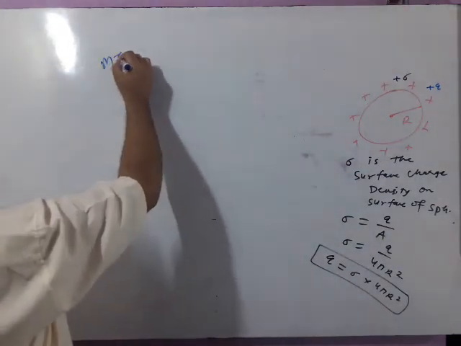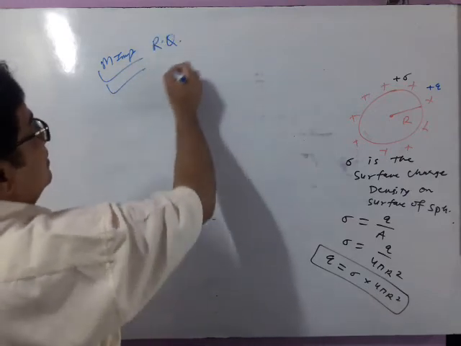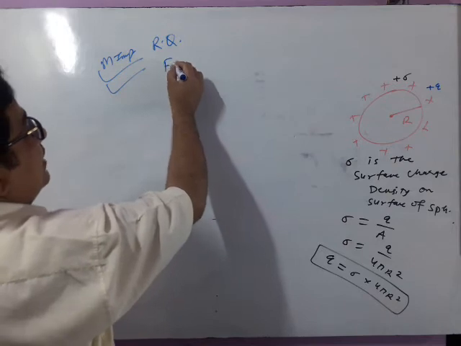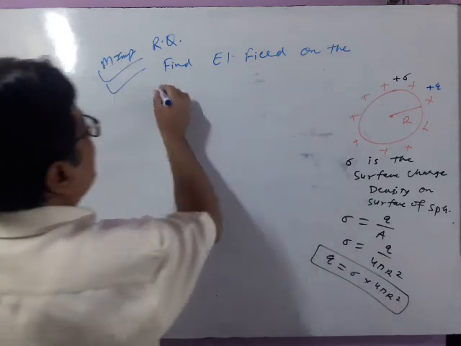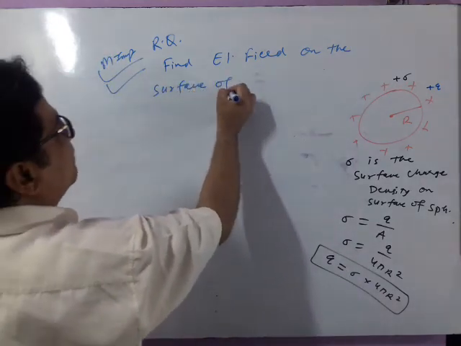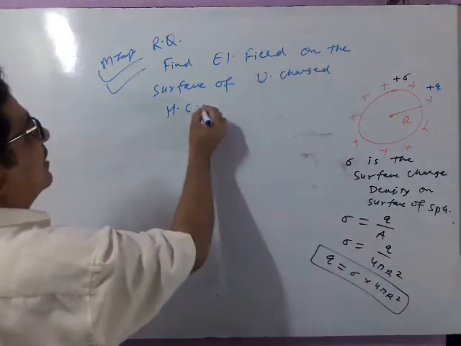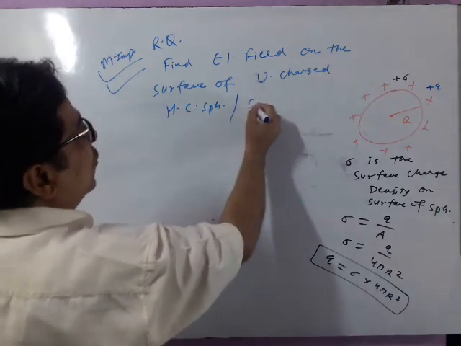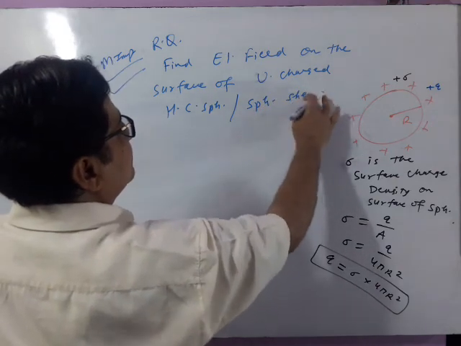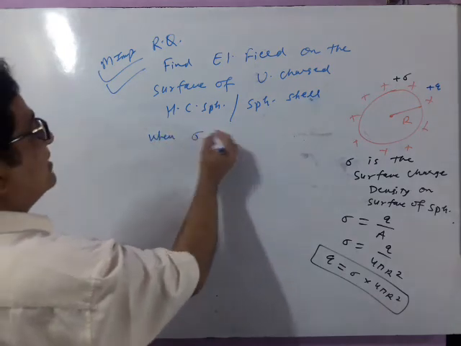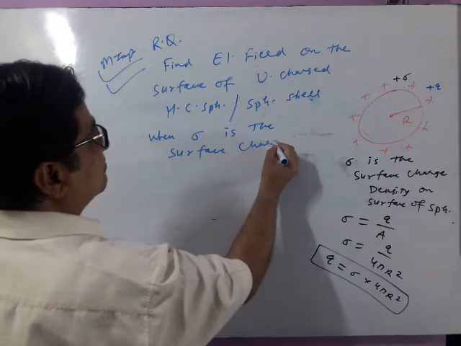Now this is the most important reasoning question. He may ask directly, find electric field on the surface of a uniformly charged hollow conducting sphere or spherical shell when sigma is the surface charge density.